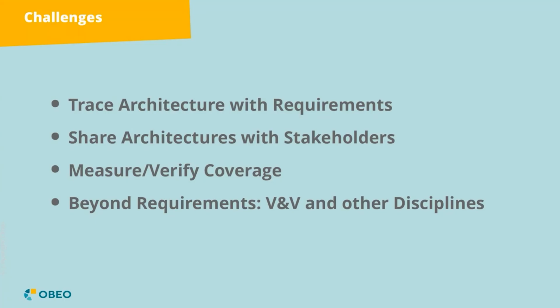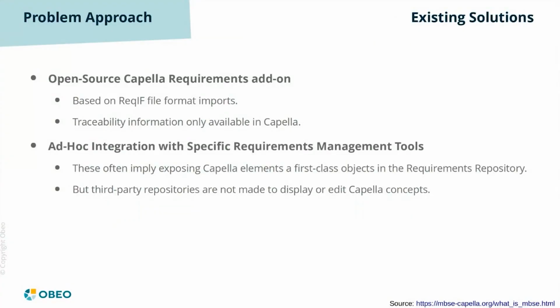So in the rest of this webinar, we'll see how we address all of these challenges thanks to Publication for Capella and Jama Connect. First, let's briefly discuss existing solutions. There is an open source Capella add-on that makes it possible to manage requirements through import-export mechanisms. It is based on the ReqIF standard format for requirements.